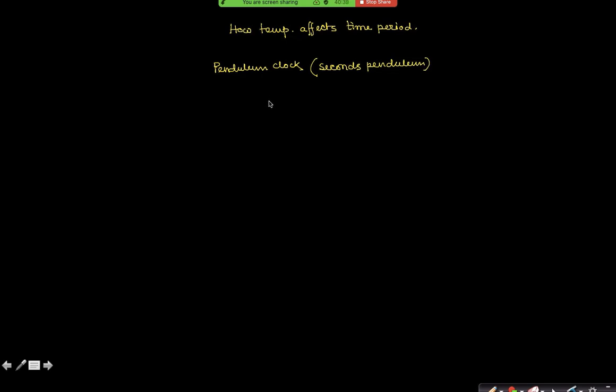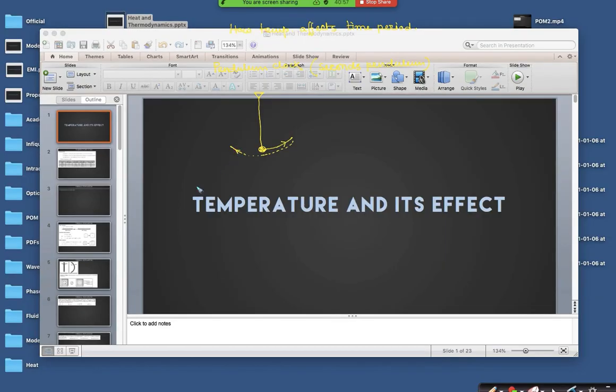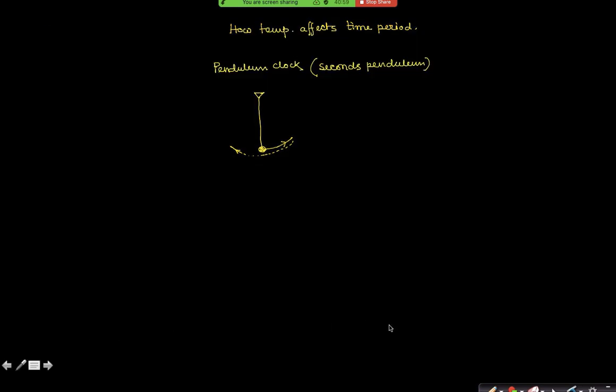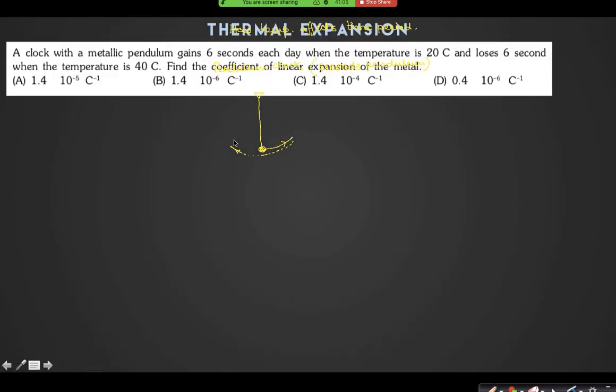The clock measures time this way: there is a pendulum, and that pendulum moves to and fro. The pendulum moves away, comes here, goes to this extreme, and again comes back from this extreme to this point. So this constitutes a complete time period.